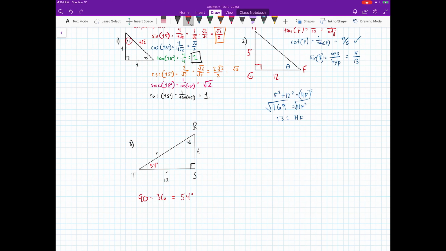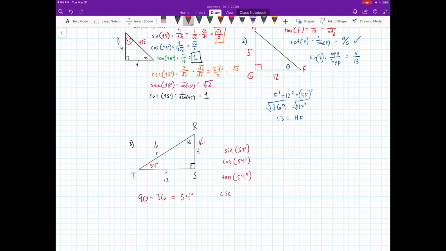Essentially, I don't need to solve for side S or little t. So I just grab a calculator and do sine of 54 degrees, cosine of 54 degrees, tangent of 54 degrees.